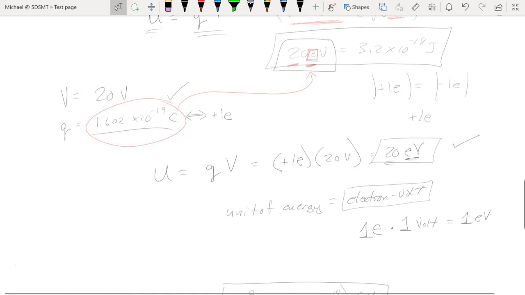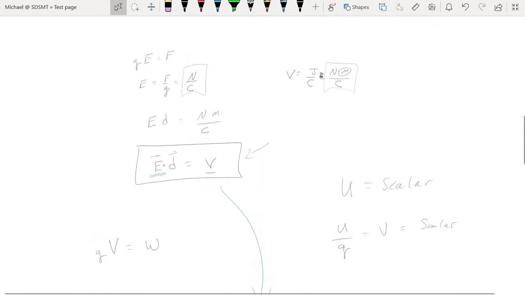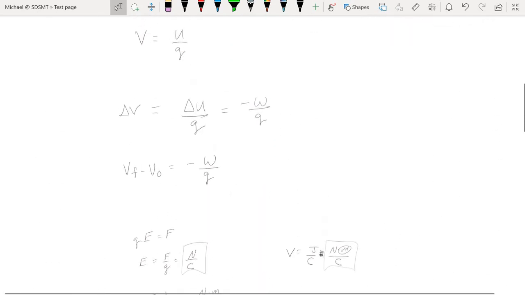So we mentioned up above here that the work that was done in changing the electric potential energy, and thus the electric potential, for the system was negative. And that's because the system had to do work on the charge.